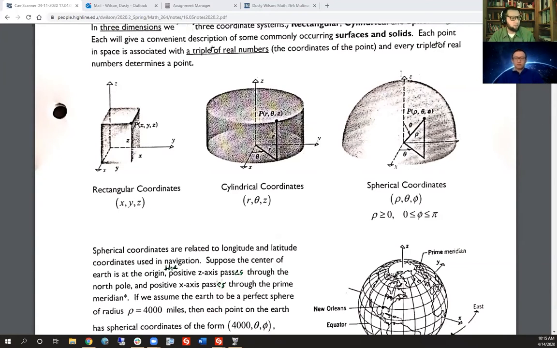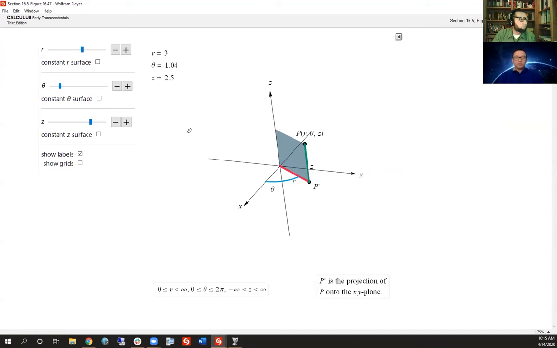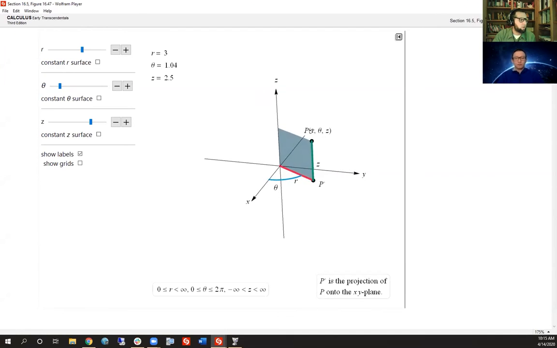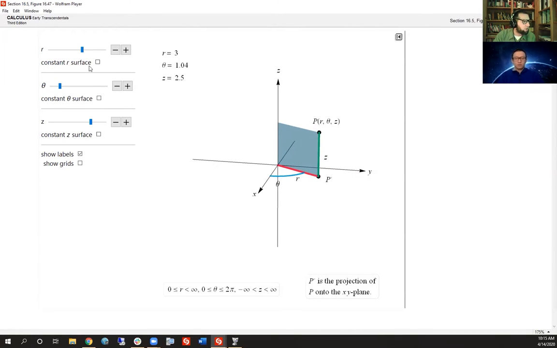All right, let's look at the first animation. Okay, so I want to talk about cylindrical coordinates for a moment. So if we're looking at the point P up here, r, theta, and z, you can think about r.